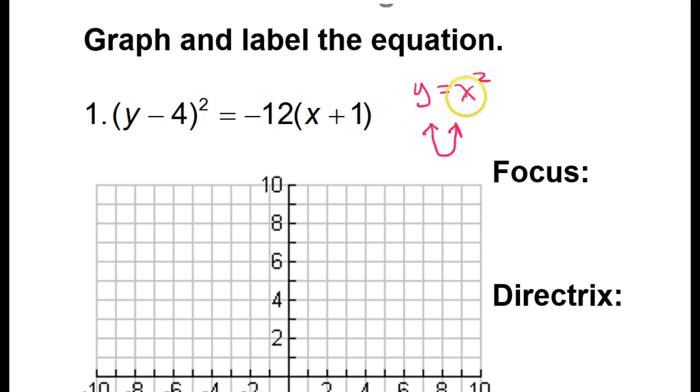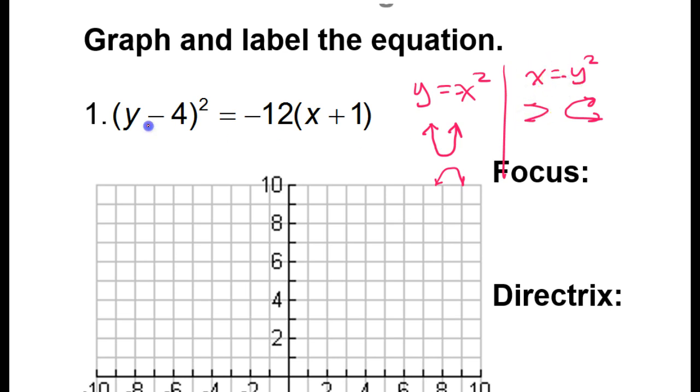So when you see x squared, you know it's going to be a vertical parabola, either up or down if there's a negative involved. But if you see something strange where the y is squared instead of the x, well, that's a weird sideways parabola, which will either be to the right or to the left if there's a negative involved.